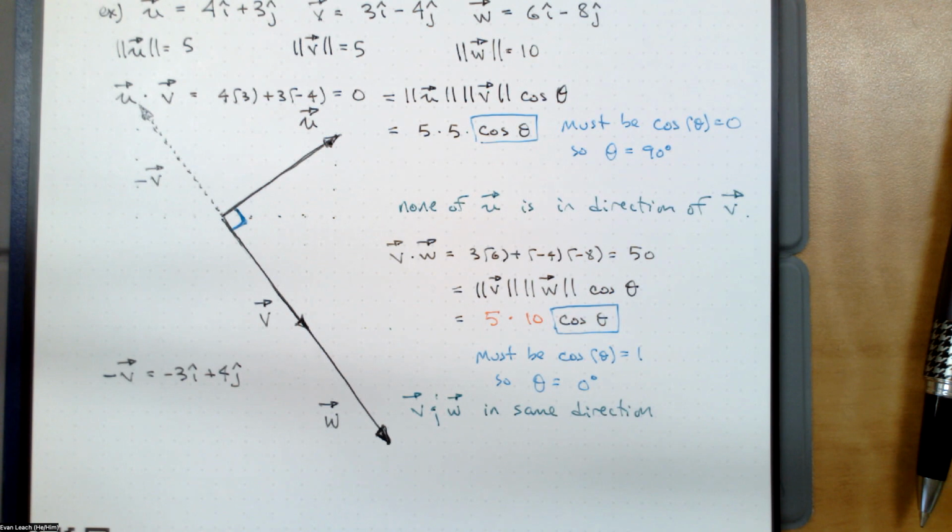So if I make dot product calculations with negative v and u, we should get 0 again, because if I just turn v around, that is still perpendicular to the vector u.